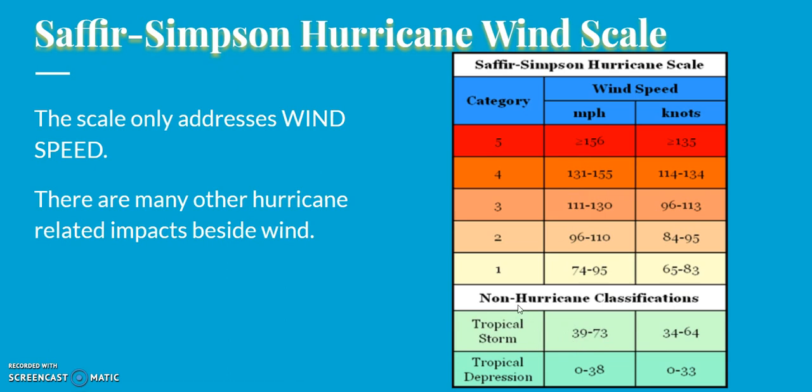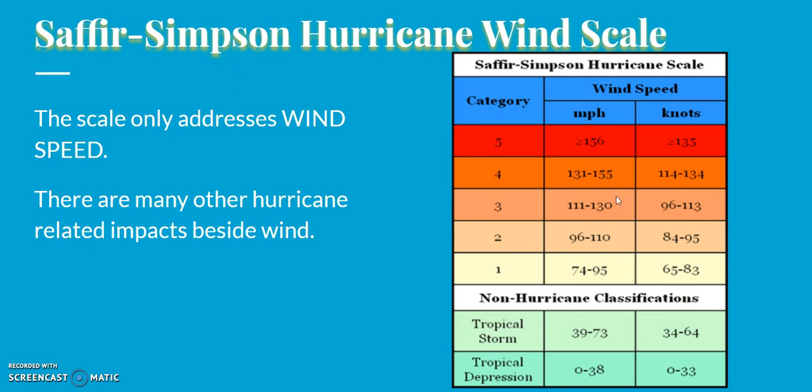And then if it's a hurricane, it can be a Category 1, a Category 2, a Category 3, a 4, a 5. There are no categories above 5. So if the sustained winds in a hurricane are between 74 and 95 miles an hour, they're going to classify it as a Category 1 hurricane.